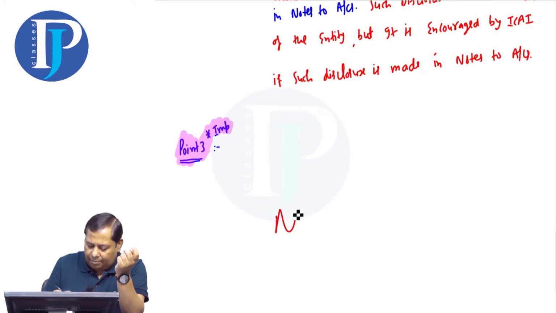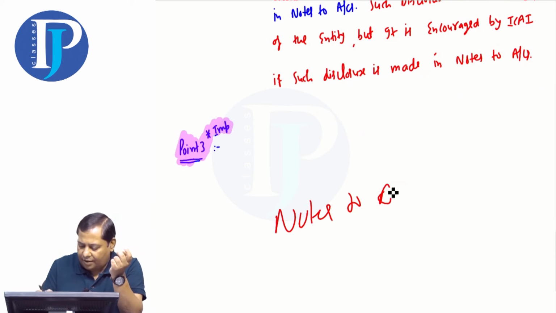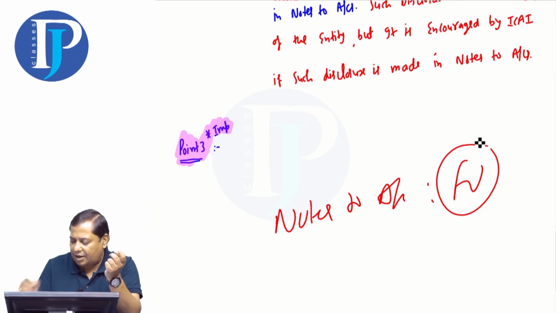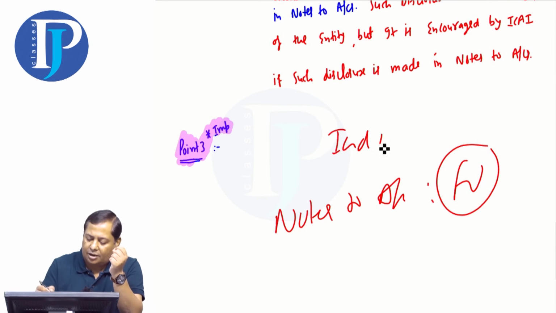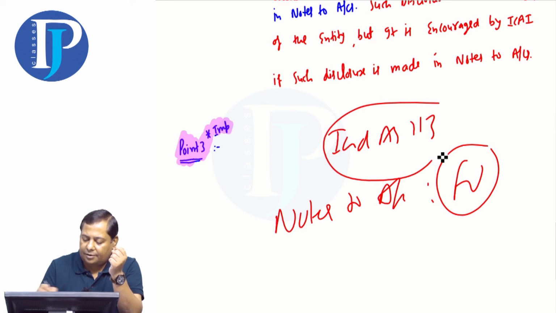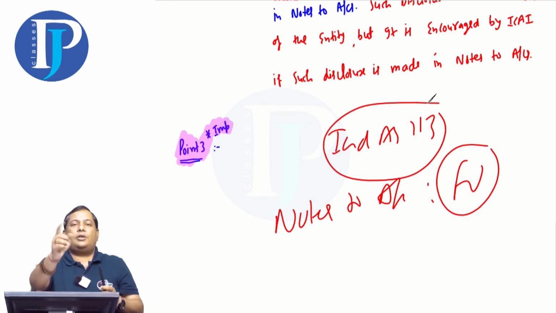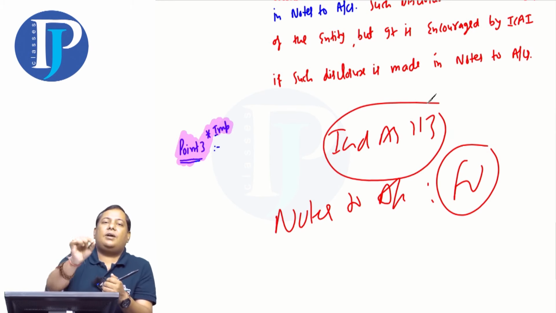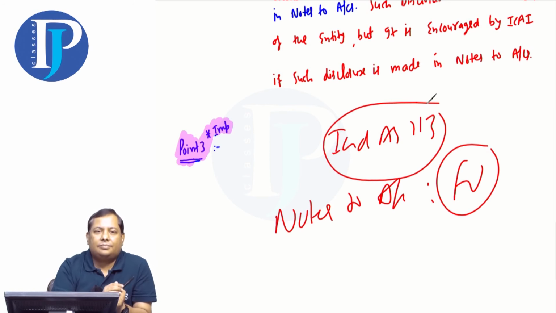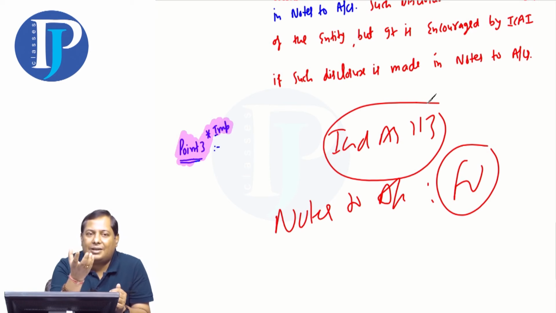So listen, students, if there is an entity which shows its fair value in the notes to accounts, it will have to follow a few rules of Ind AS 113. And what is Ind AS 113? It's about fair value measurement, okay. How is fair value determined?